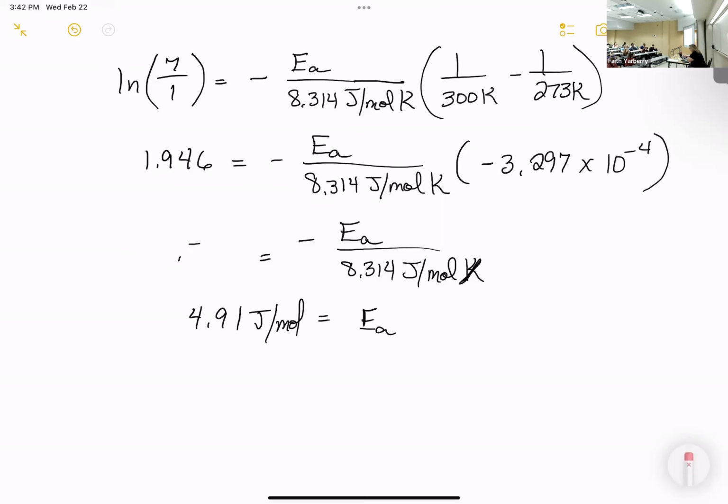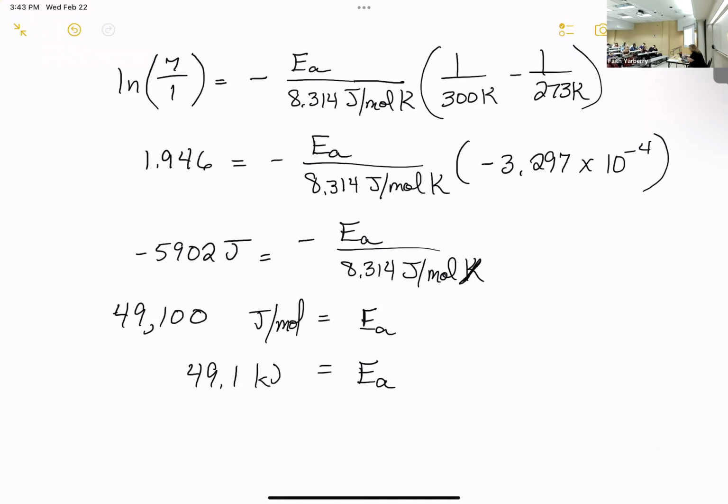That's why I always, it's hard to type and talk and write. So it's easier for me if I do it and then I go back and check it. So I always check my math because I know I'm horrible at mistakes. Let's go with 49,100 joules, or in other words, E sub A could be equal to 49.1 kilojoules.